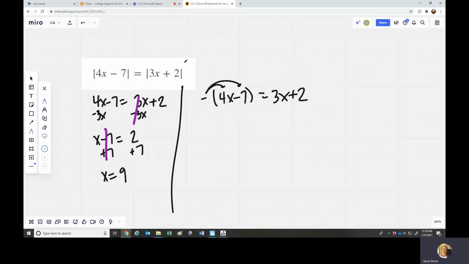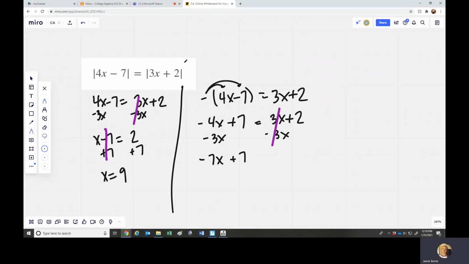Distribute this negative. That's negative 4x plus 7, so the 7 goes from negative to positive, equals 3x plus 2. And we have to move all of our x's to one side. I'm just going to move this 3x over, so negative 7x.